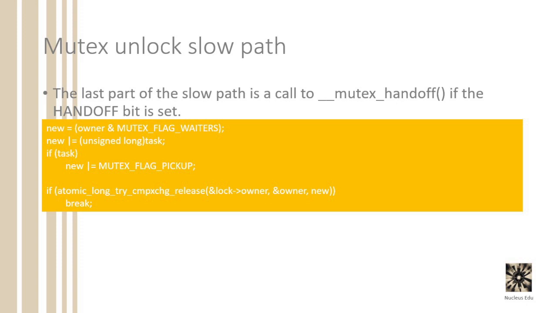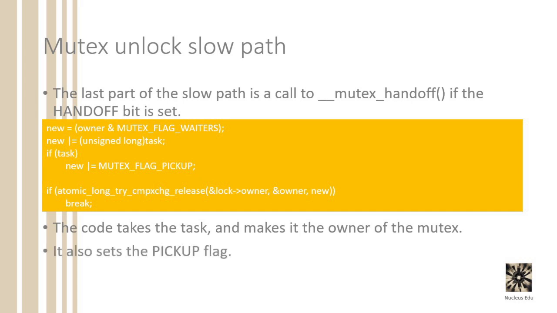We'll see how in the next slide, but next we see in the compare exchange that the owner is overwritten by new, which is basically the pointer to the task struct of the waiting task that was dequeued from the wait list in the previous function. Right, as I said, it also sets the pickup flag.